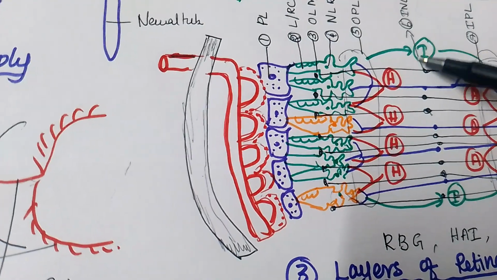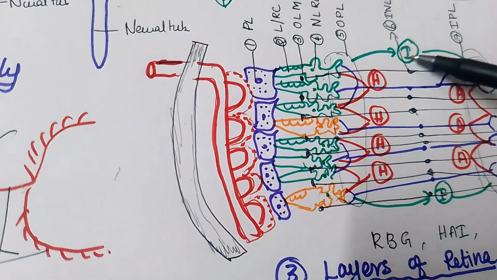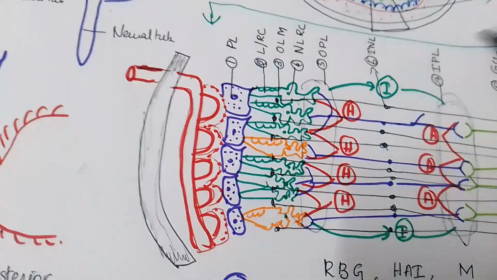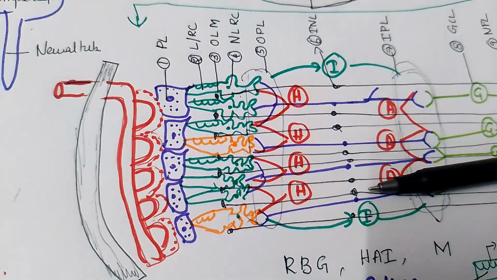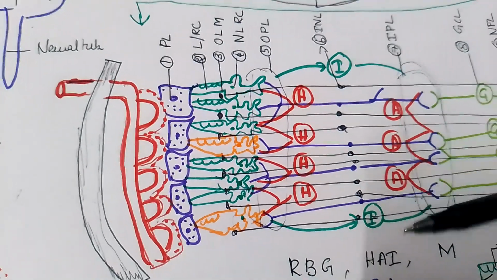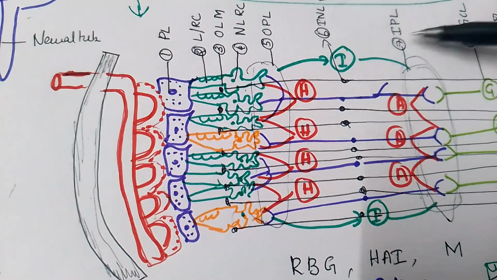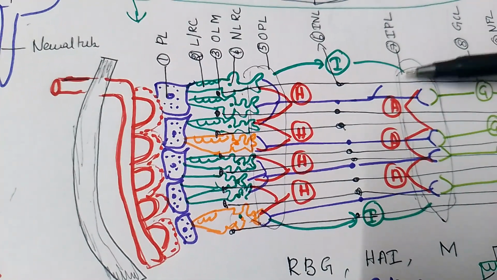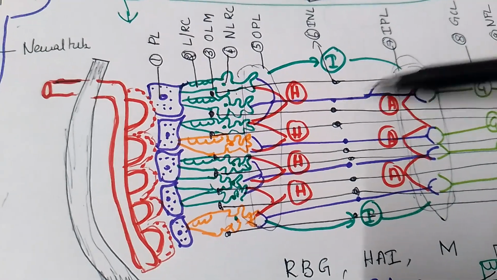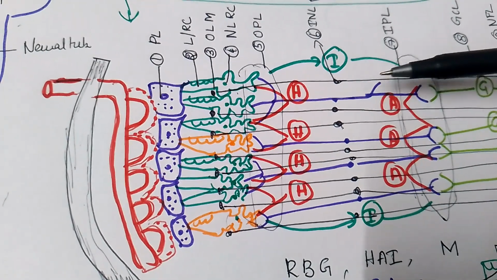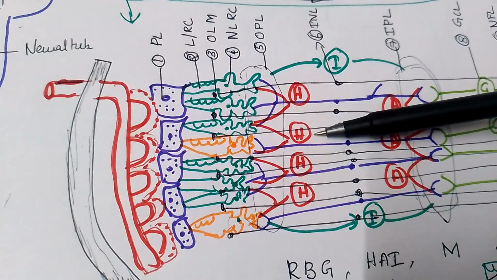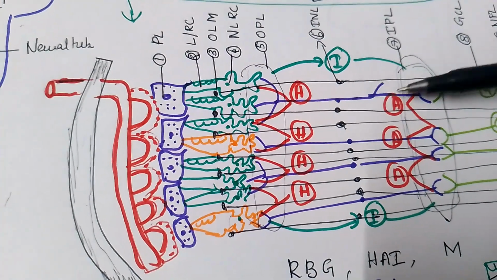So these are the interplexiform cells, because they connect both plexiform layers, outer and inner. So it is called the interplexiform cells.